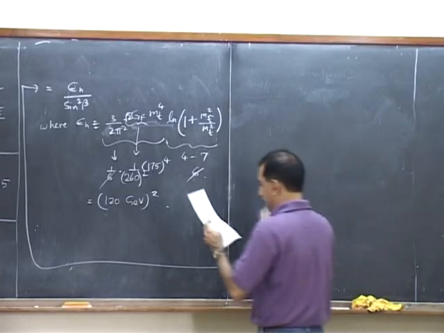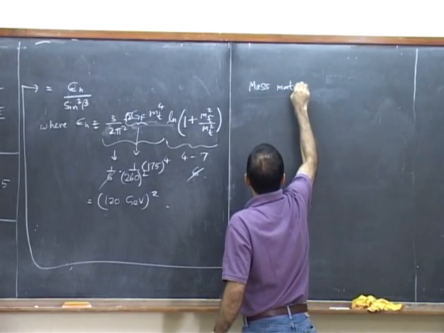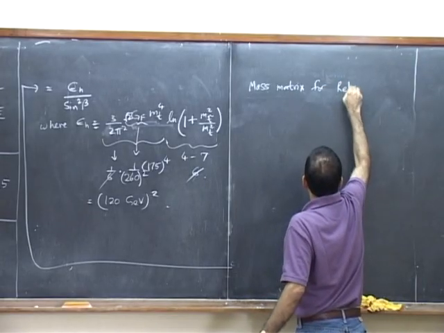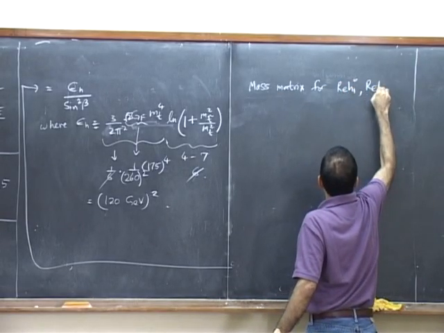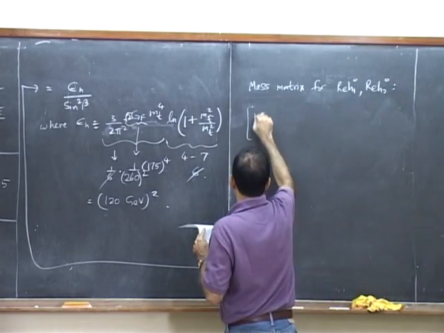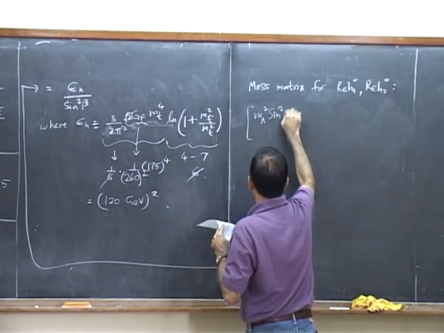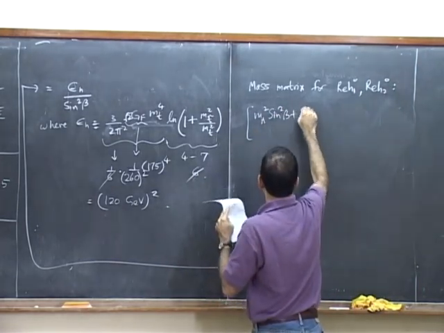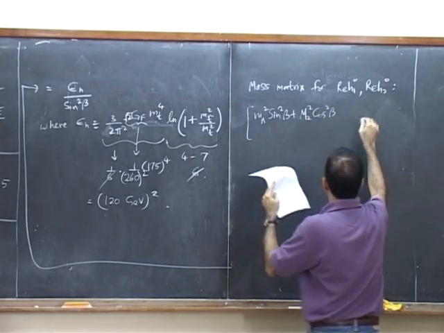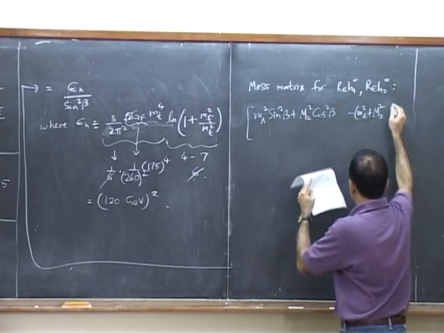So the full mass matrix now is, so everything I'm writing here was written before when we did the tree level calculation. And it's only in the bottom right component that something extra will show up.